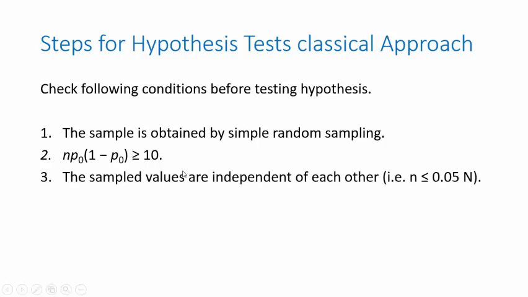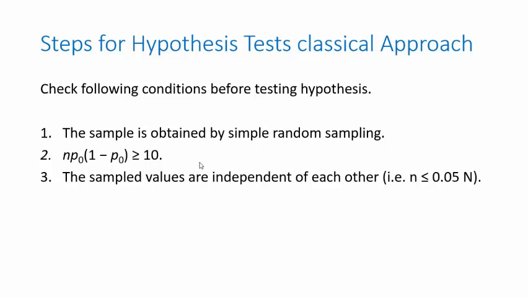The third condition is that the sample size is less than or equal to 5% of the population size. This gives us independence, meaning the sample values are independent of each other. If you remember these three conditions, the sampling distribution for this proportion is approximately normal.